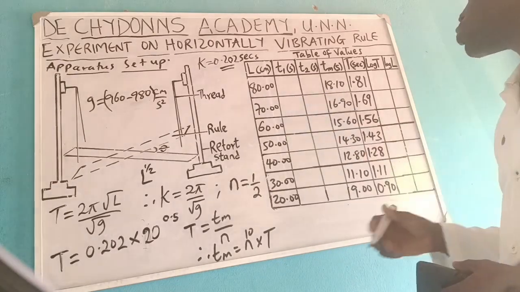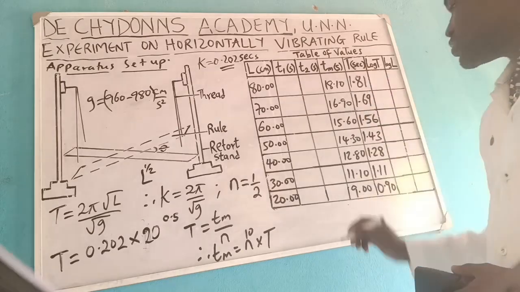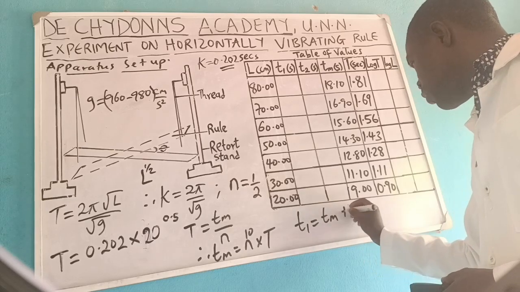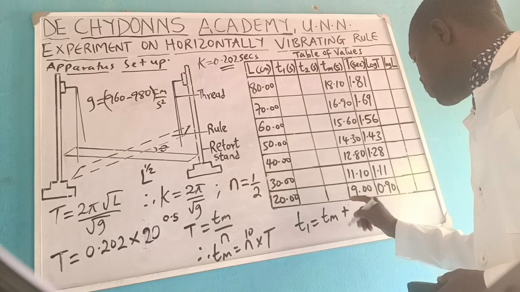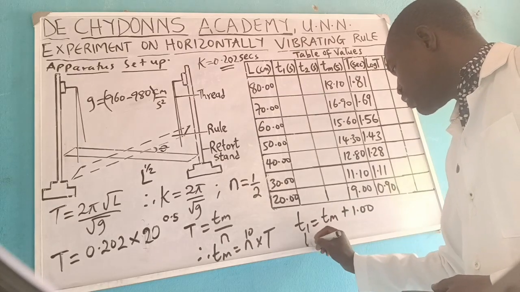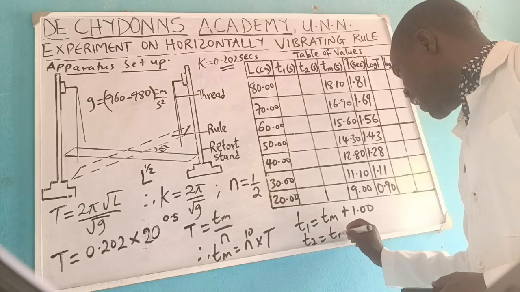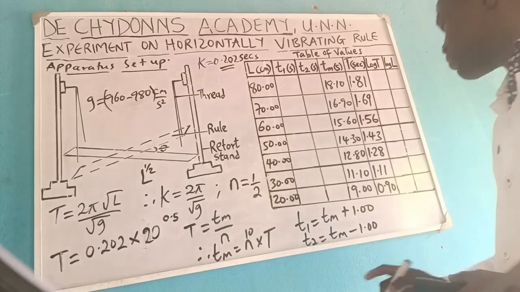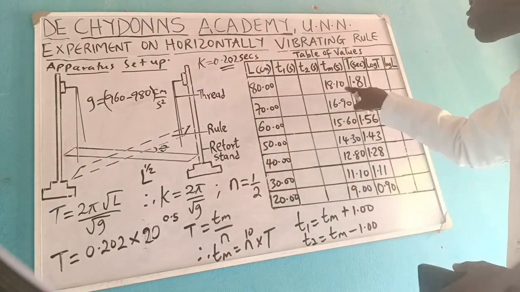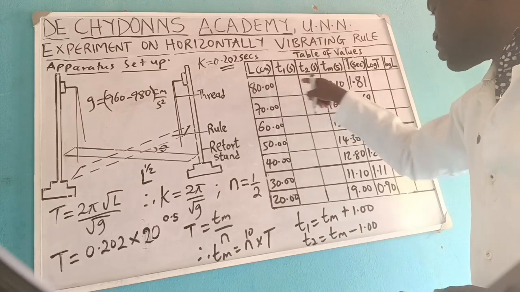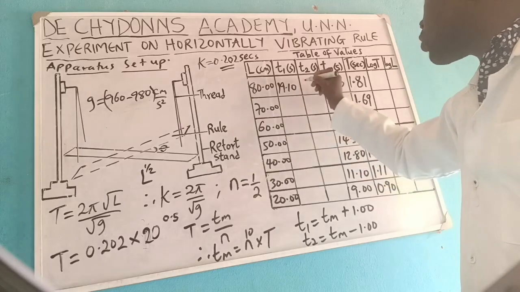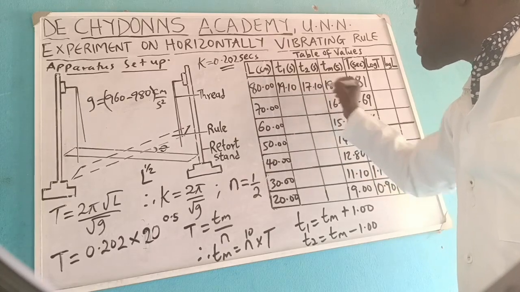Then T1 and T2, how can we get them? Your T1 is equal to Tm plus 1.00. Then T2 equals Tm minus 1.00. Please use 1.00 so that it will be a unique number. So this plus 1 and this minus 1 will give me 19.10 and 17.10.